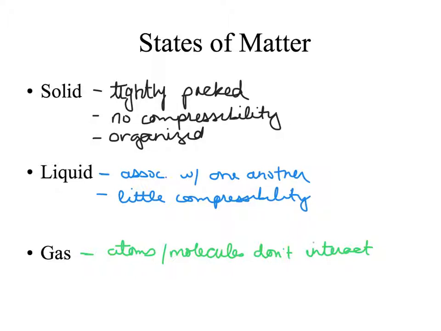They are not packed at all. They are not organized. Because they fill whatever container they're in, there is a high degree of compressibility present here. So they are highly compressible.